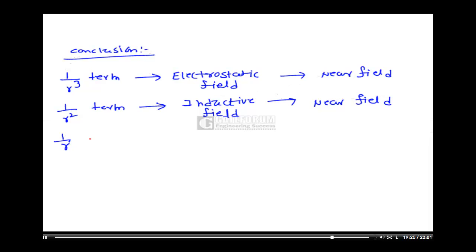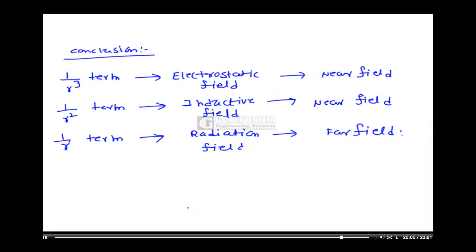The 1 by r term, known as the radiation field, is the far field. In this antenna subject, for our examination point of view, we have to keep in mind a lot of statements and formulas. So I am not discussing the theory elaborately. Whatever important concepts are needed for our examination, we are discussing, since the subject is a huge subject.